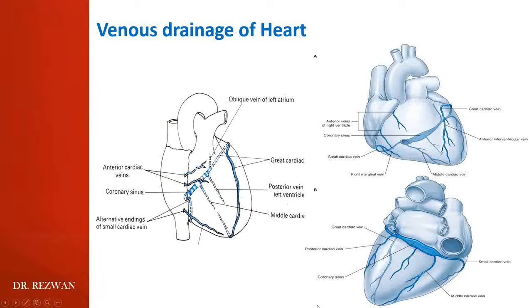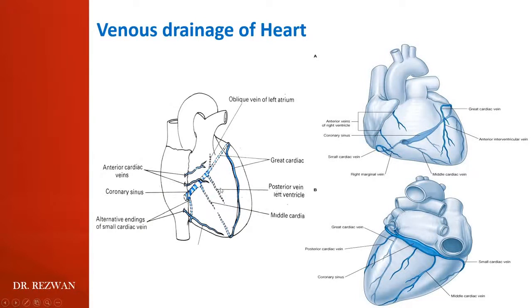Let's see some pictures. We can see that the great cardiac vein is present in the anterior and posterior interventricular grooves, and obviously accompanies the anterior and posterior interventricular arteries, follows the circumflex artery like that, and goes into the coronary sinus at the left side.